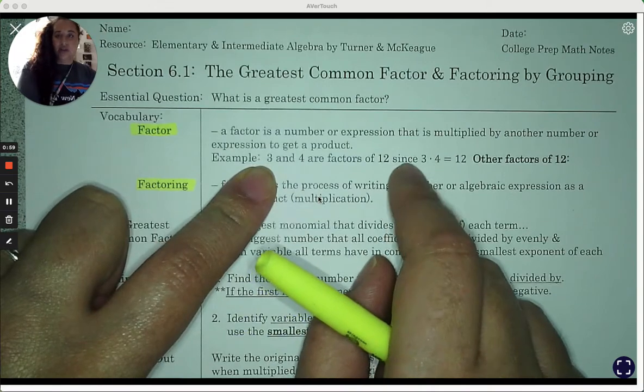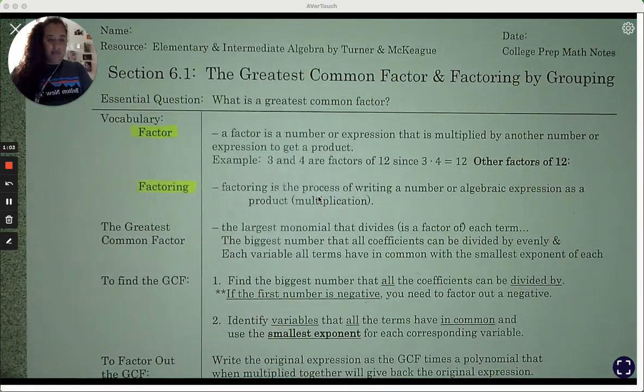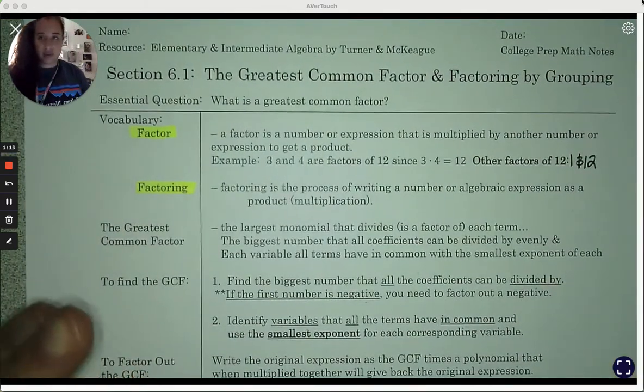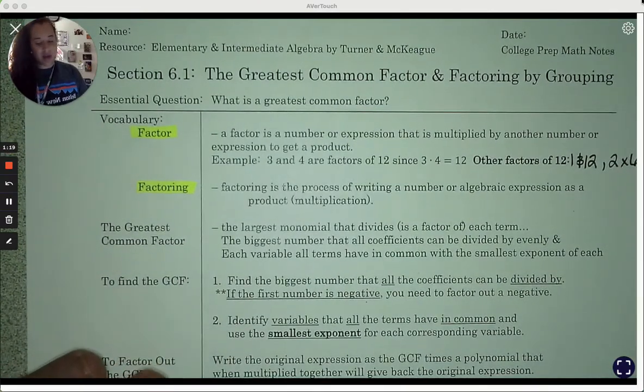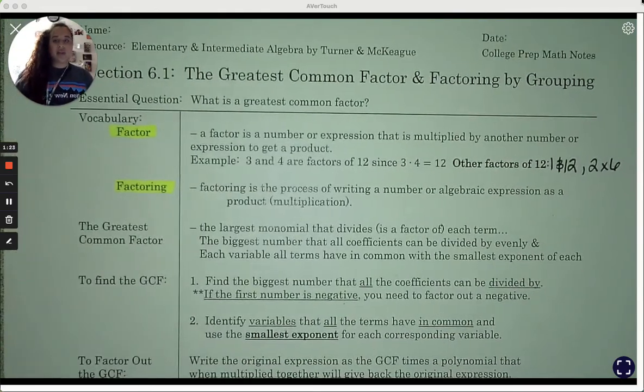And I know that because 3 times 4 is 12. And so if I said, what are other factors of 12? Okay, we know that we have 1 and 12, because 1 times 12 is 12. And then we also have 2 times 6. So factors are just 2 numbers that we multiply together to get another number.